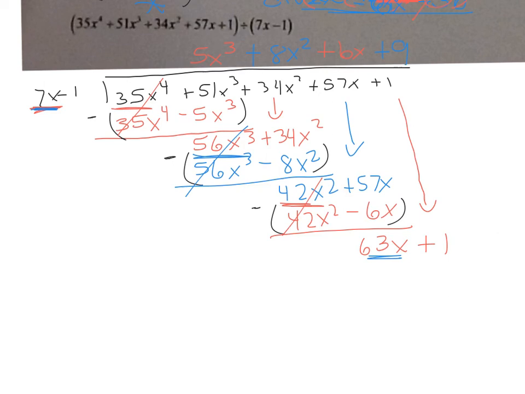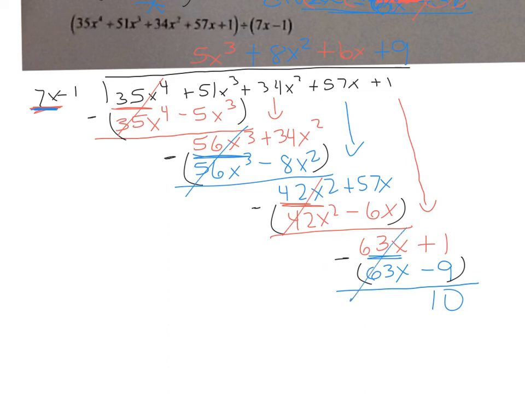All right, multiply down. So we have negative 9 and 63x. And remember, we're subtracting. All right, so I have 1 minus negative 9 is 10. And then I have here 63 minus 63, well, that's 0. So I have a remainder.